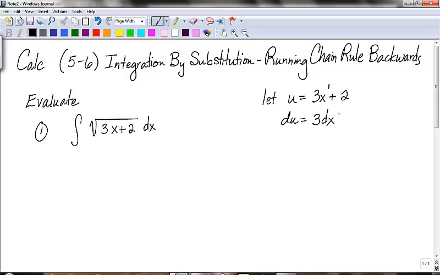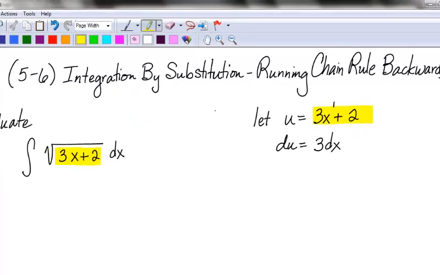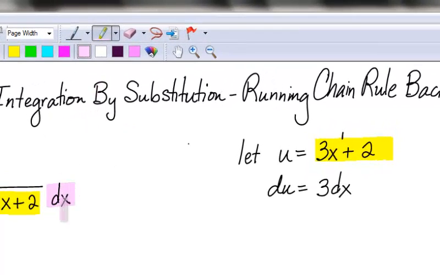Now, when you look over here, and sometimes it helps me to highlight, the 3x plus 2, I can sub in for that. I also need to substitute in for the dx, the with respect to x. So I've got to get this by itself. Normally we would say divide by 3, but instead of dividing by 3, they multiply by 1/3 on both sides.